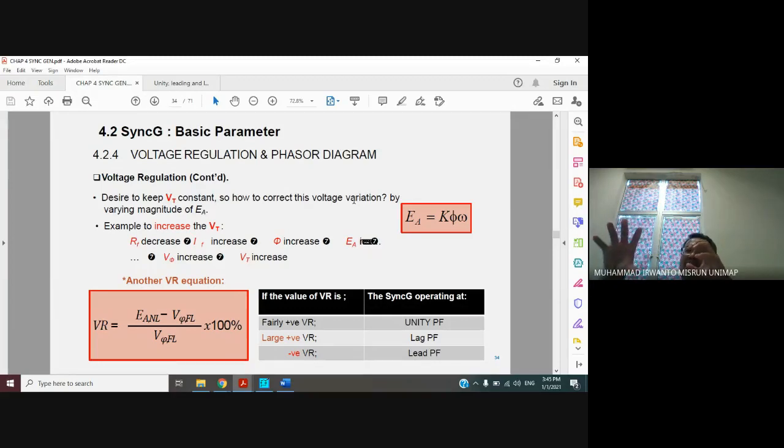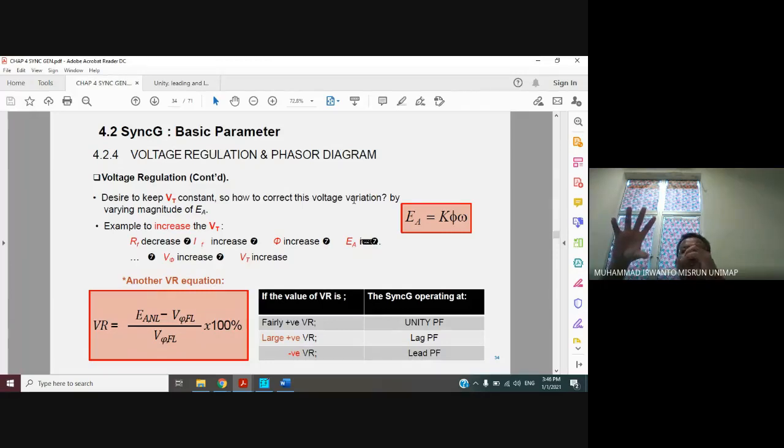But the synchronous generator should work at a stable voltage. If the terminal voltage is 13 kV, and the load is higher, usually the terminal voltage of the generator will decrease.